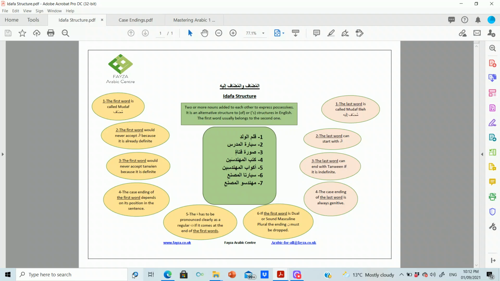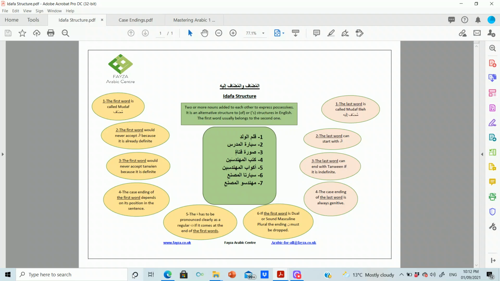So, for example, number 1, قلم الولد, the pen of the boy. But in number 3, صورة فتاة, a picture of a girl. So the al can appear or not at the beginning of the second word depending on its meaning. طيب, the third pink circle.